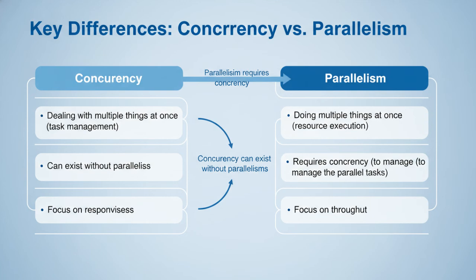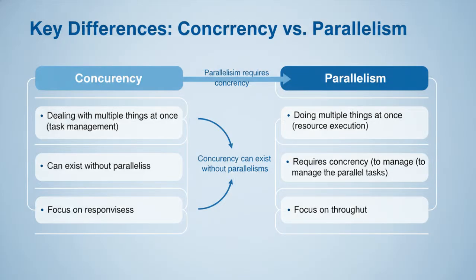Let's summarize the key distinctions between these two concepts. Concurrency is primarily about dealing with multiple tasks. It's a way of structuring code that allows for the management of independent operations, often achieving responsiveness even on a single processor by rapidly switching between tasks. It's about composition and managing complexity. Parallelism, on the other hand, is about truly executing multiple tasks simultaneously.